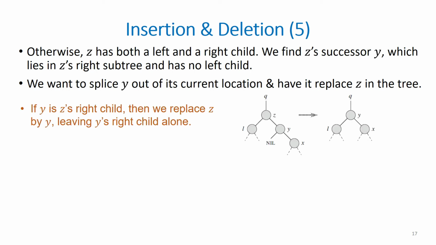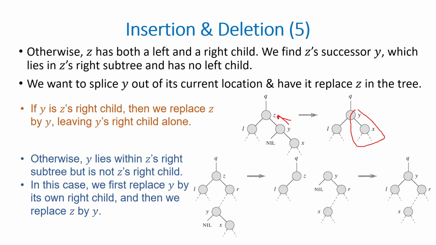If Y is Z's immediate right child, as shown in this figure, what we do is we replace Z by Y, leaving Y's right child alone. So what we can do is just bring Y, put it in place of Z, and move everything up. So this is what we would get.